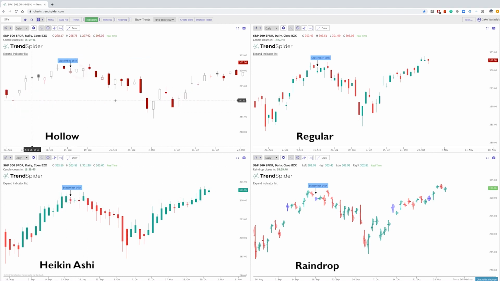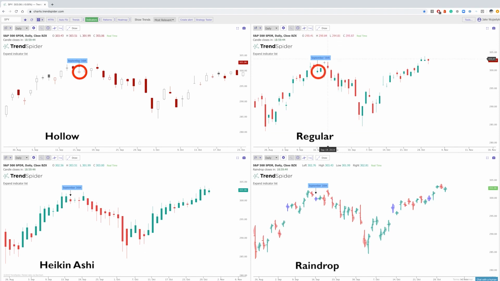So we've had a hollow red, we've had a solid green, and now we're looking at a solid red all on the same day, September 16th, all on the same ticker and time frame. So you can see everybody's going to have a different perspective. And in this case, what this particular candle may be showing us is that the trend is starting to maybe reverse. You can see we've got a couple dojis after this, and then you've got a continuation down.